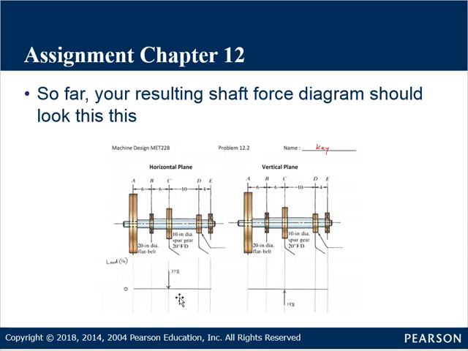In the horizontal plane, we have the tangential force acting in this direction. In the vertical plane, we have the radial force acting in this direction here. So this is what your force diagram should have looked like after you finished the first part of the Chapter 12 assignment.